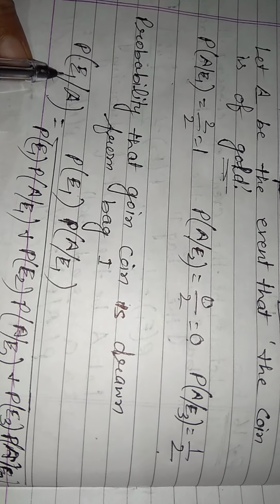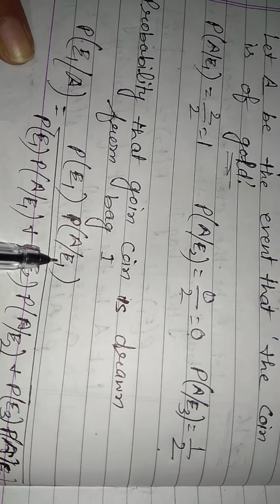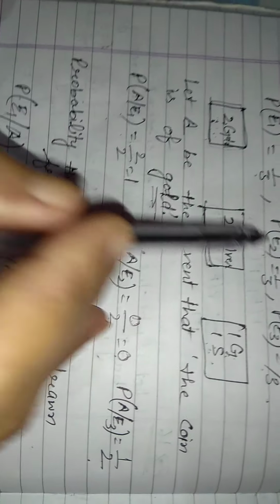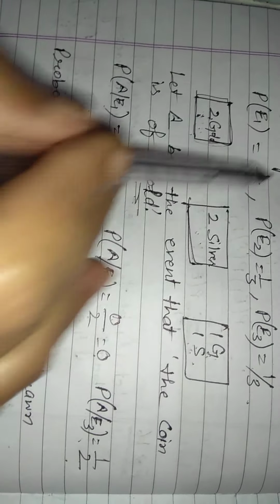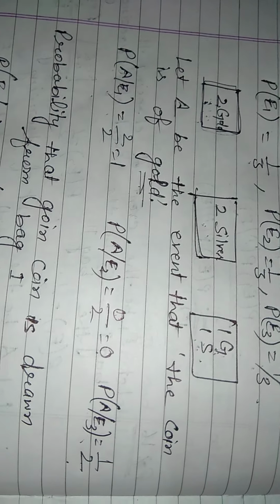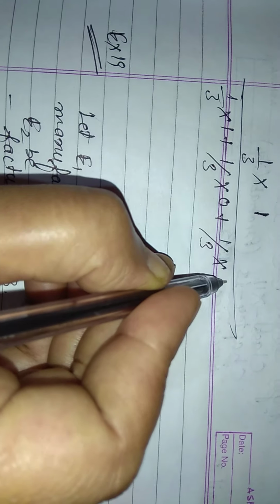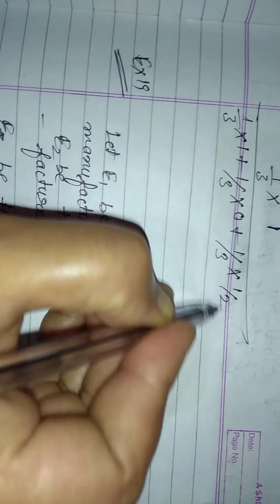So we can write P(E1) into P(A|E1), and the denominator will be this into this plus this into this plus this into this, and this part is in the numerator. So what is P(E1)? 1 upon 3. What is P(A|E1)? 1. The denominator will be 1 by 3 into 1 plus 1 by 3 into the second probability 0 plus 1 upon 3 into the third probability 1 by 2.